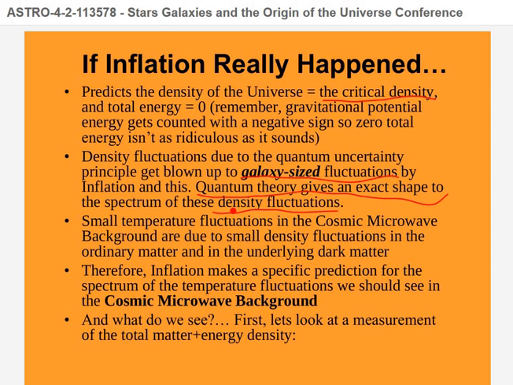It gets frozen in and it stops fluctuating because it's now so big that it can't fluctuate. And now those lumps in the quantum realm have turned into galaxy-sized fluctuations in the density. The density, in this case, of the dark matter.